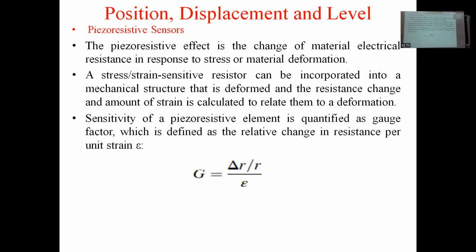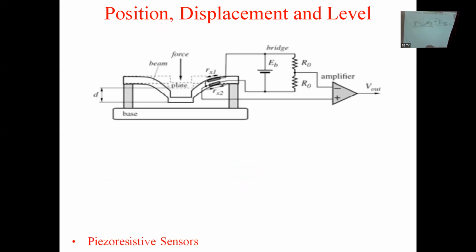So change in resistance divided by total resistance, and epsilon, म्हणजे जे मीडियम यूज करताय त्याची परमिटिविटी किंवा परमिएबिलिटी. Okay, change in resistance, किती रेजिस्टन्स चेंज होतोय म्हणजे किती डिफॉर्मेशन झाल्यानंतर रेजिस्टन्स चेंज होतो.